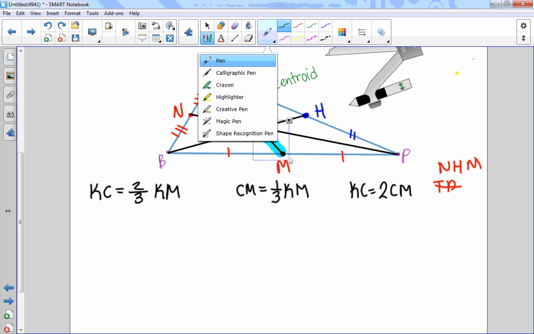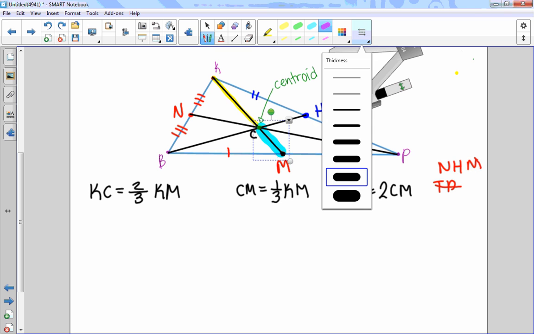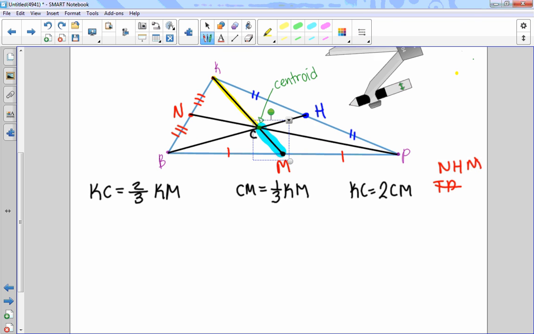If I take another segment, BC, that centroid, B to C, is how much of the whole B to H? 2/3. Isaiah, please stop doing that and write this down.